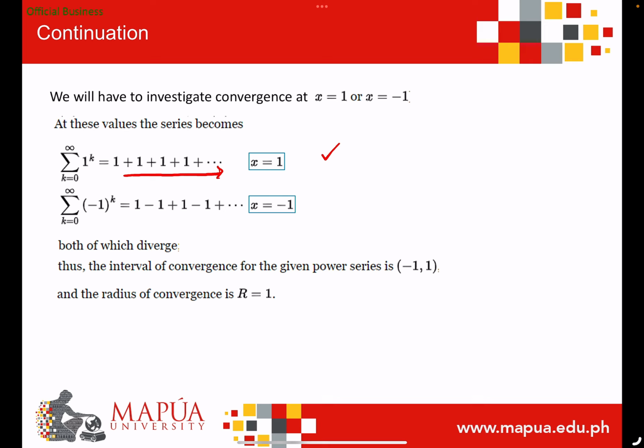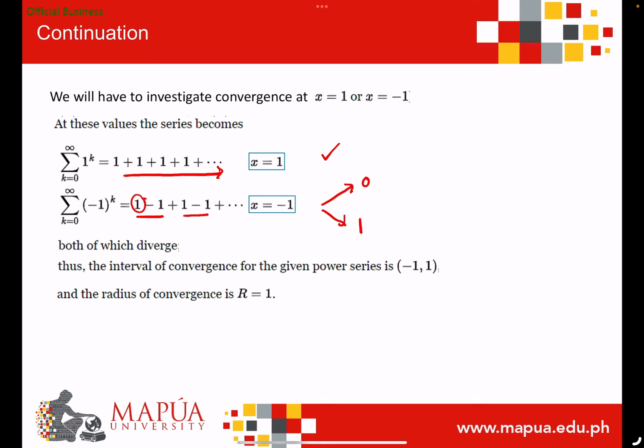Now for negative 1 raised to k, so 1 minus 1 plus 1 minus 1, so the sum oscillates between two possible values, 0 and 1, so it is a divergent series. It is possible that the sum would be 0, or if it ends here, the sum would be 1.